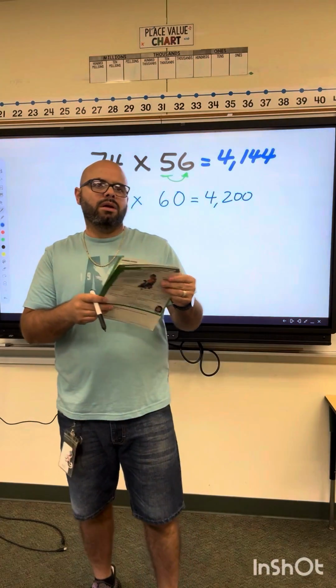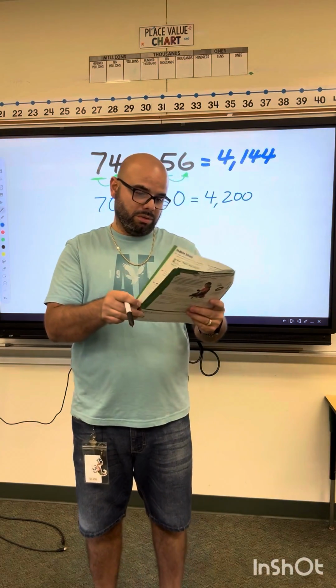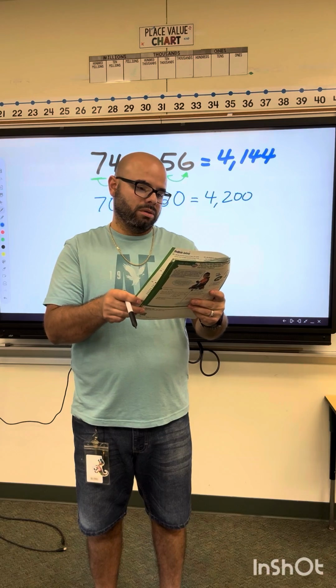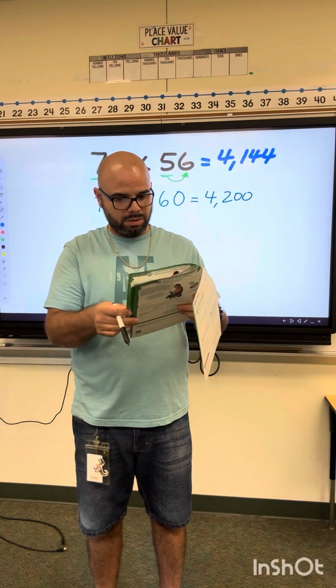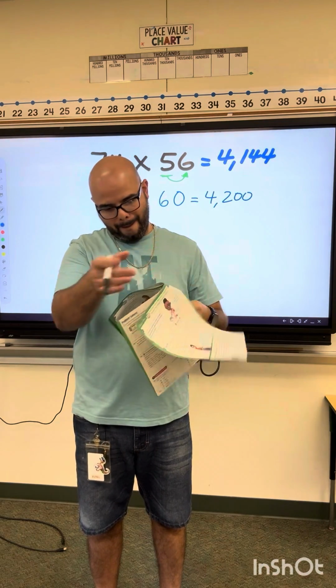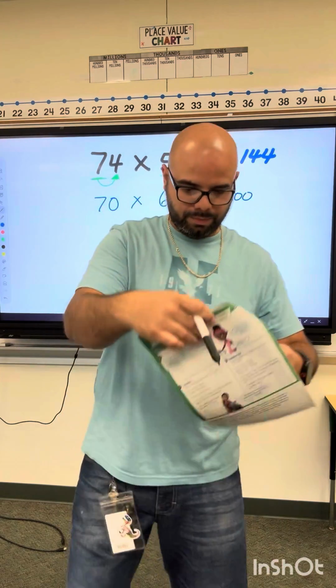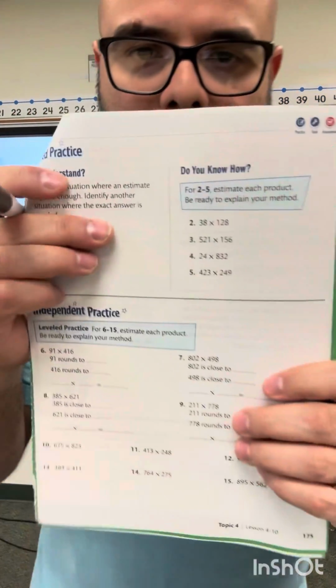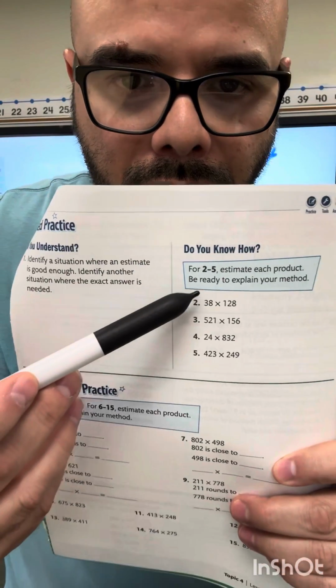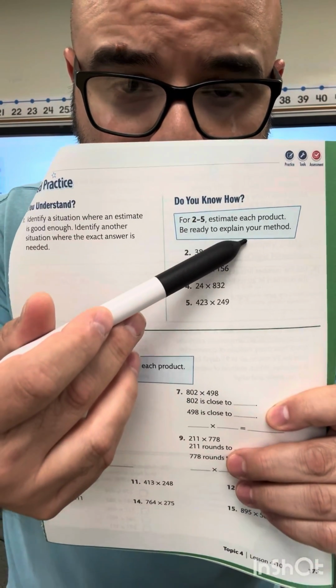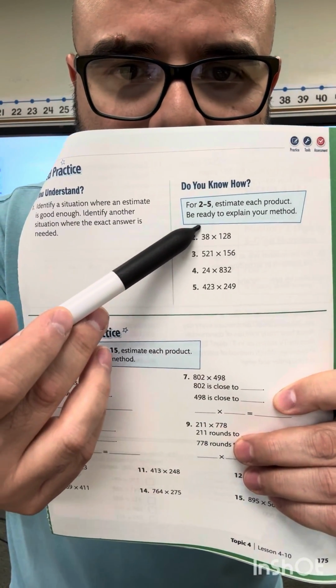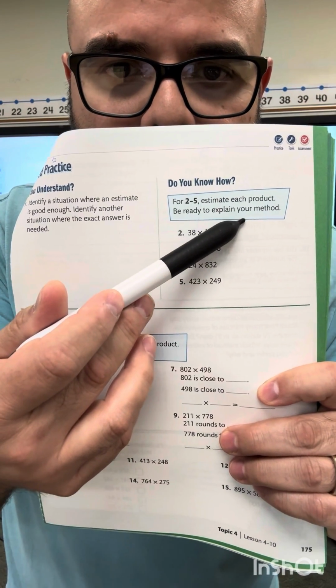And then, let's see, what else? Estimating. So they're going to give them, okay, and they have to read. It says estimate each product, okay? Be ready to explain your method, okay?